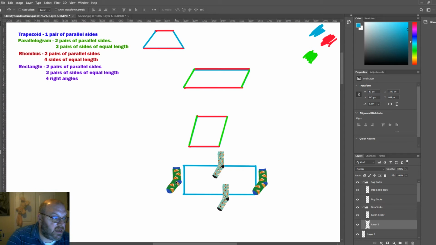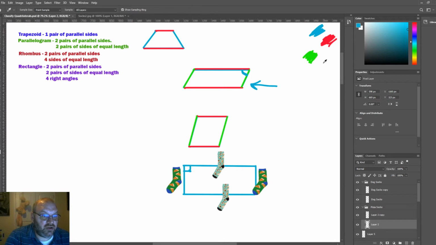And then it also has four right angles, which we can see. These are all right angles, or supposed to be, in a rectangle. Now notice our parallelogram looks like a rectangle, but it does not have right angles in here, okay? So a rectangle has to have four right angles.